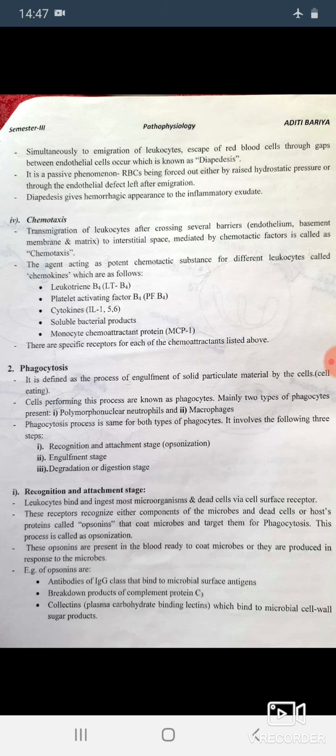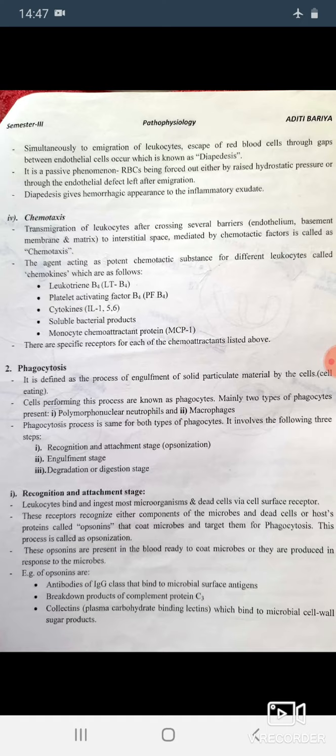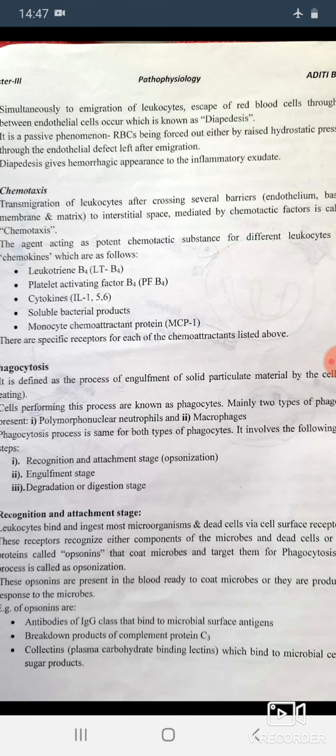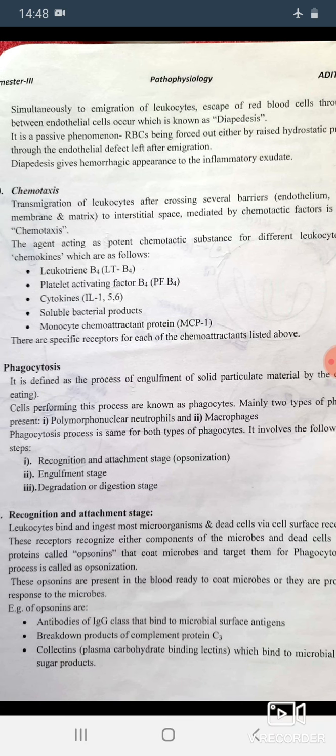So the agents that act as a potent chemotactic substance for different leukocytes are called as chemokines. You can see the list here. Leukotrienes, and particularly leukotriene B4, platelet activating factor, cytokines particularly interleukin 1, interleukin 5, interleukin 6, soluble bacterial products, and monocyte chemoattractant protein, that is MCP1.